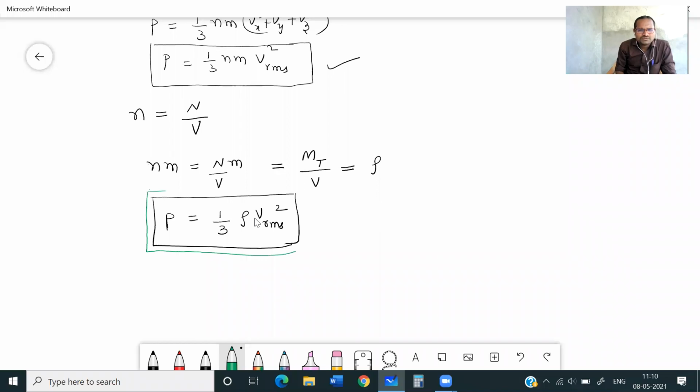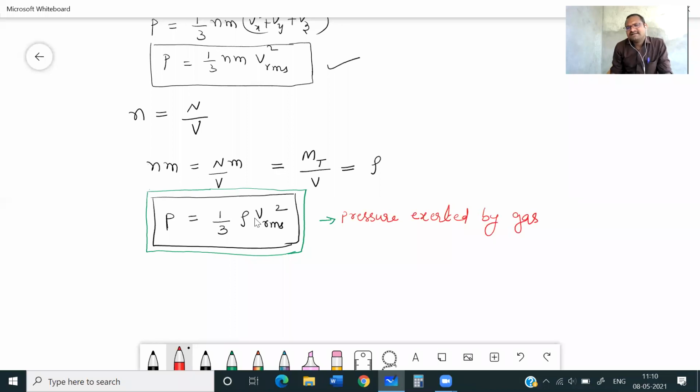So many points will come from this formula only. This is the pressure exerted by gas on the walls of the container. You need to learn this formula by heart, and the derivation is also important for your board exams.